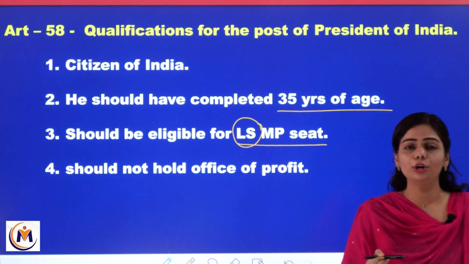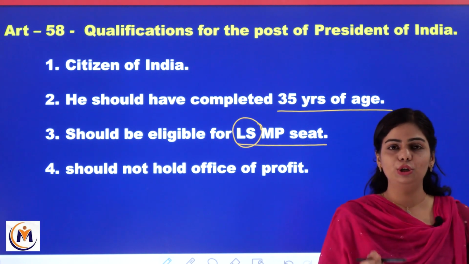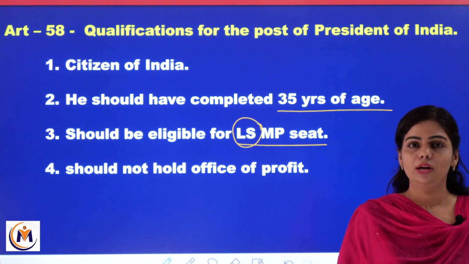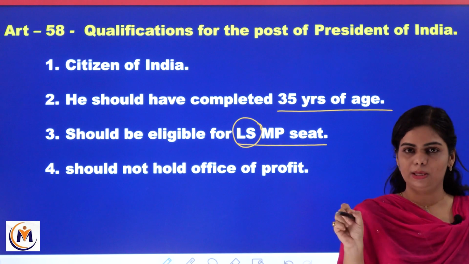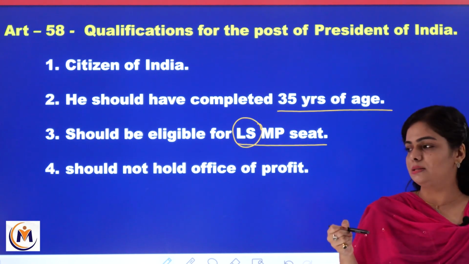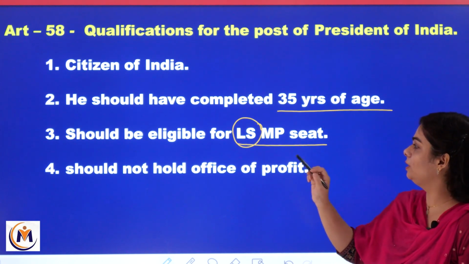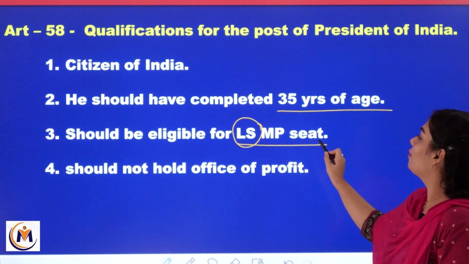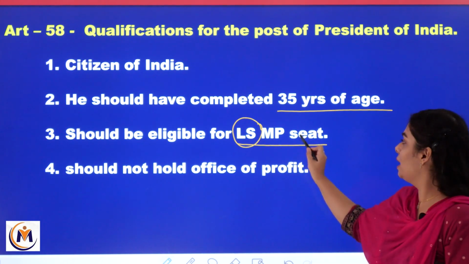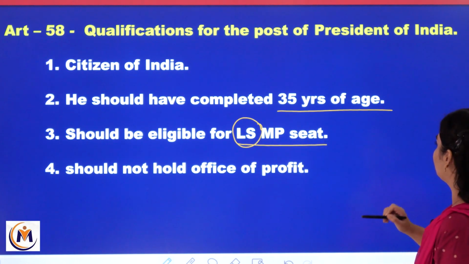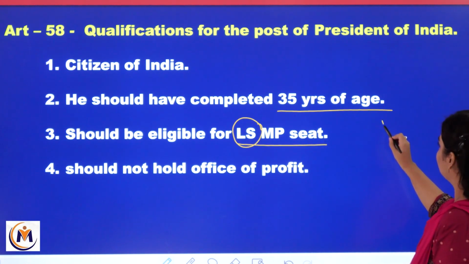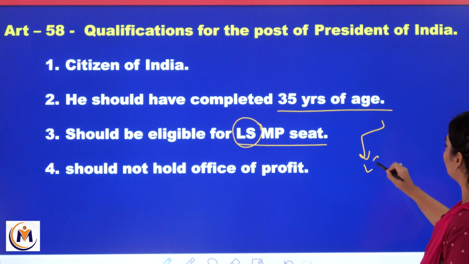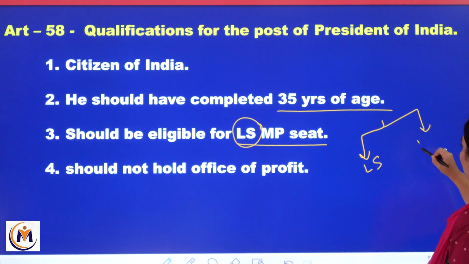A few years before, UPSC prelims asked a question, and there were multiple options. One of the options stated that the President of India should be eligible for being a member of parliament. So what does our parliament consist of? It consists of Lok Sabha as well as Rajya Sabha.